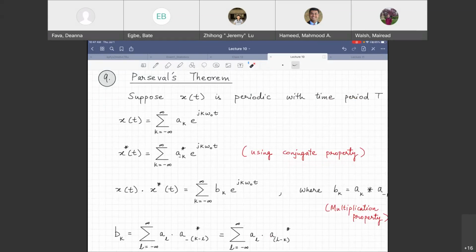Next, let's try to multiply these two guys, x with x conjugate. Why are we doing that? Think about it like this. When you want to evaluate magnitude z squared, where z is a complex number, when you multiply z and z conjugate, what do you get? Magnitude of z squared, right? Properties of complex numbers, you know that. Everybody knows this, right?